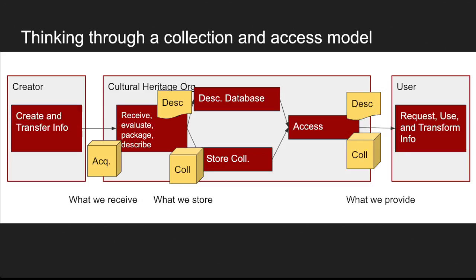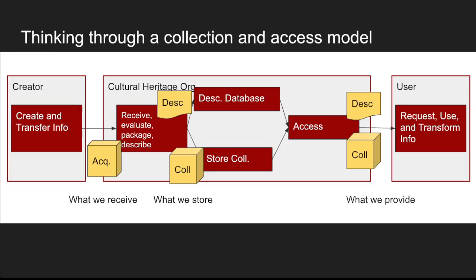Do we need to really retain all of these things? Are there things that came in that we don't really want, that don't make sense for our mission? Are there things that we can say about this stuff so that it can be easier to find, because we store a lot of stuff from a lot of places? So we do an initial phase where we take control of it, often called taking intellectual control of acquisitions.